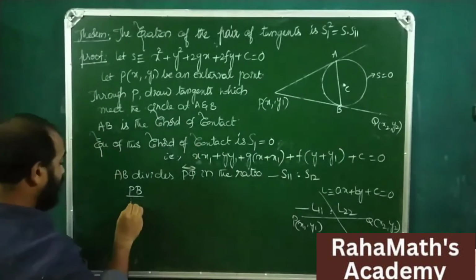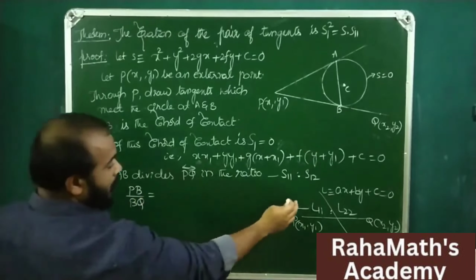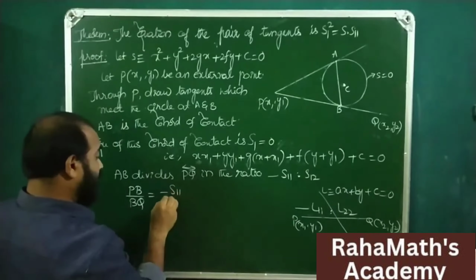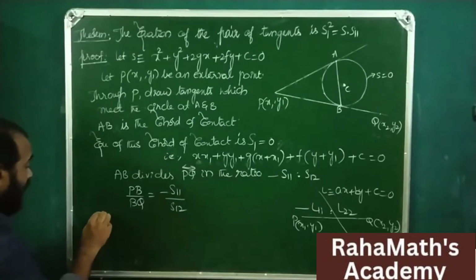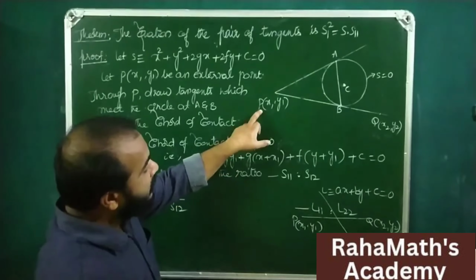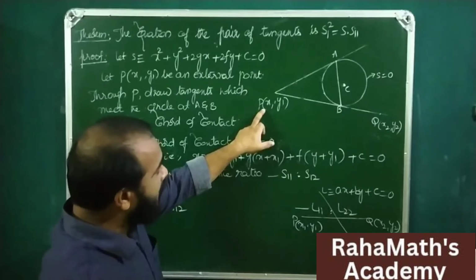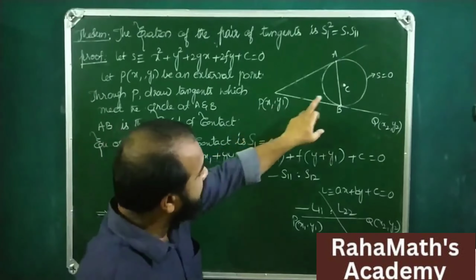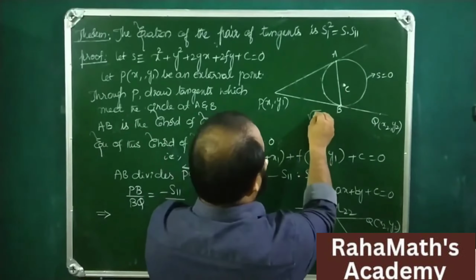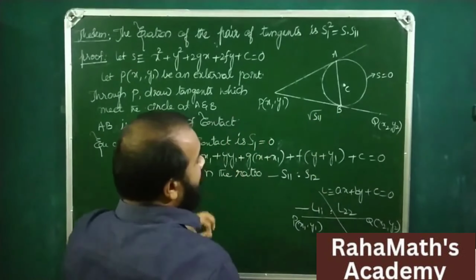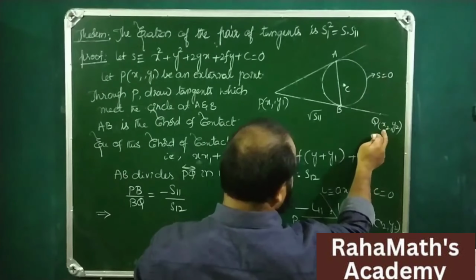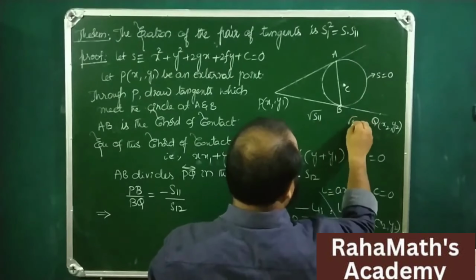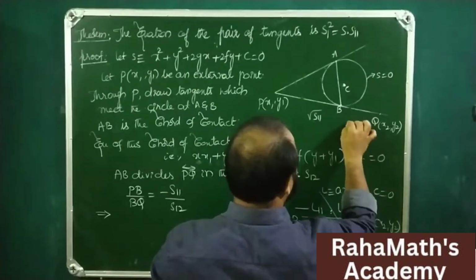BQ is equal to minus S11 by S12. What is PB? PB is the length of the tangent from P(x1, y1) to this circle, so this is root S11. What is QB? The length of the tangent from Q(x2, y2) to this circle. This is root S22.